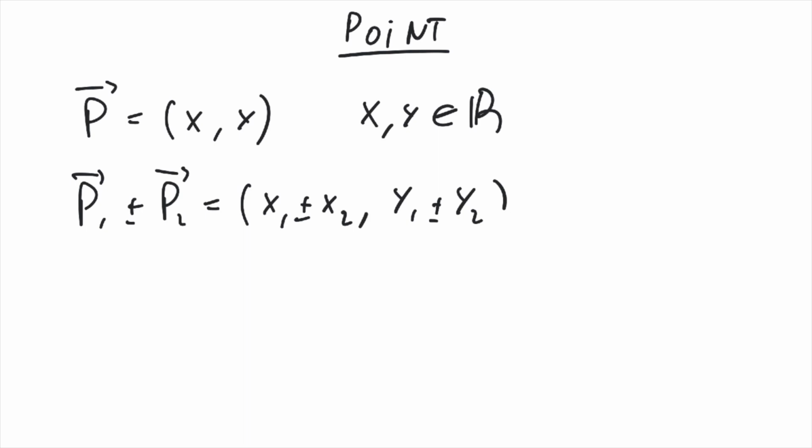But remember that subtraction or addition can be visually seen. If a point is a vector starting at the origin, then addition is adding one vector at the end of another. So this is P1, this is P2, this is P1 plus P2.